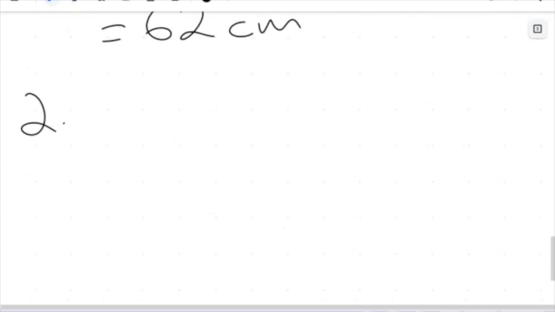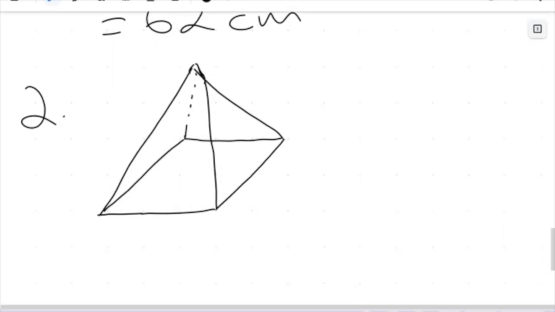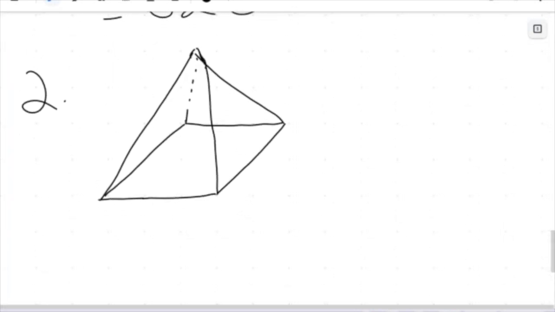Now let's look at a pyramid this time. I have a poorly drawn pyramid, but hopefully it does enough to allow you to visualize it. Okay, that's my pyramid.